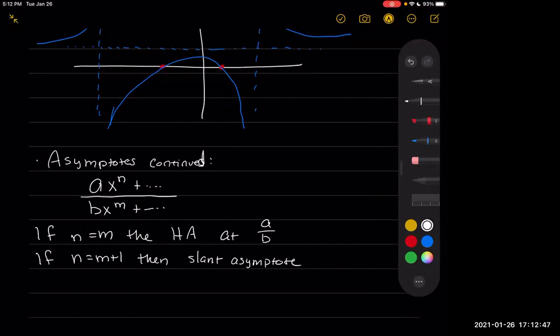and you'll need to use long division or synthetic division to find out which line it follows. And if n is greater than m plus 1, then we have an end behavior.